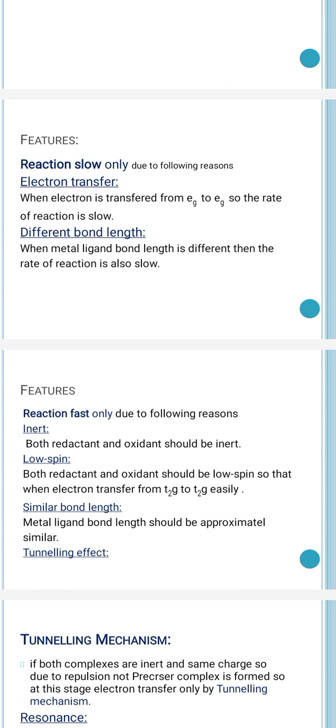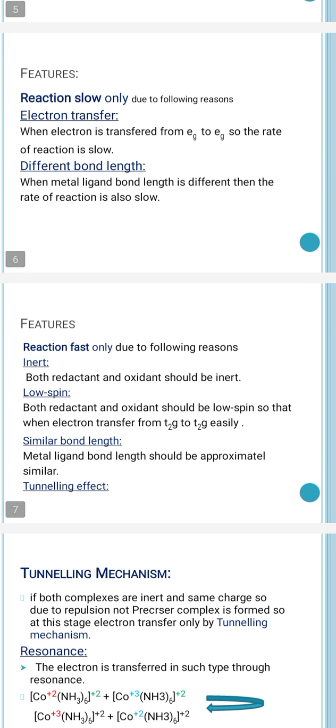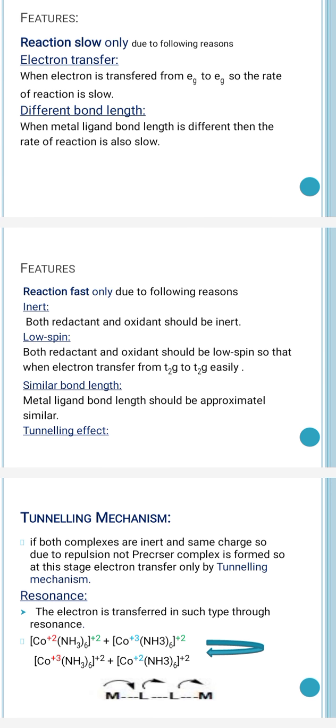And the features of a fast reaction are due to the following reasons. Inert: both reductant and oxidant should be inert. And low spin: both reductant and oxidant should be low spin, so that the electron transfers from T2g to T2g easily. Means if their spin is low, the electron transfer will be easy.